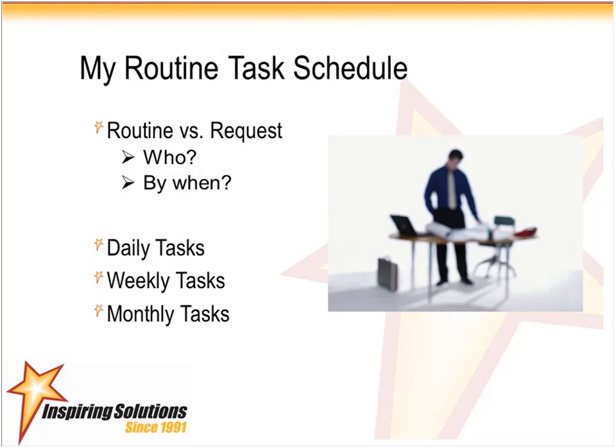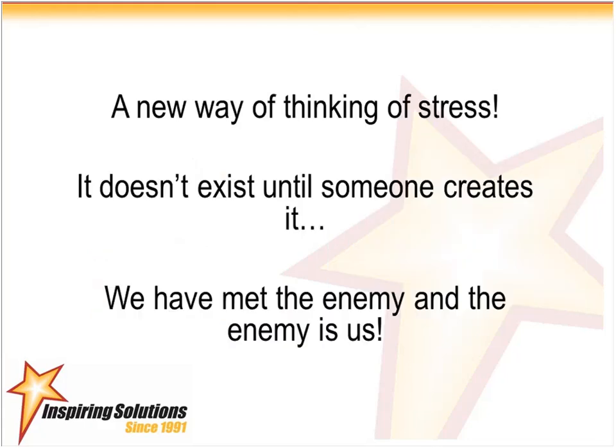But this gives you an idea that by the 15th of the month, maybe you have to have your taxes done. And I know that's an annual thing, but as a business owner, I have to have all my payroll taxes paid by then. So again, spend time with this routine task schedule, but it will give you an outstanding look at what are the must-dos, what are the boulders, what are the have-to-dos, and then you can fill in afterwards.